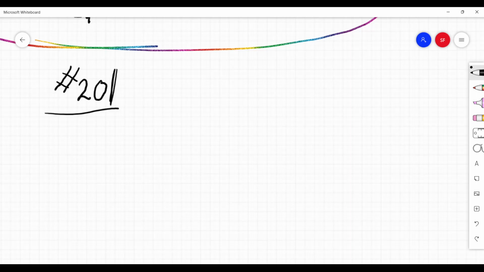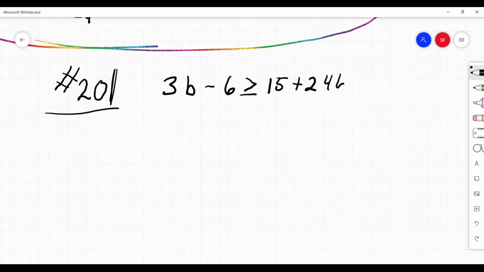Okay, number 20 says 3b minus 6 is greater than or equal to 15 plus 24b. So what could we do now?